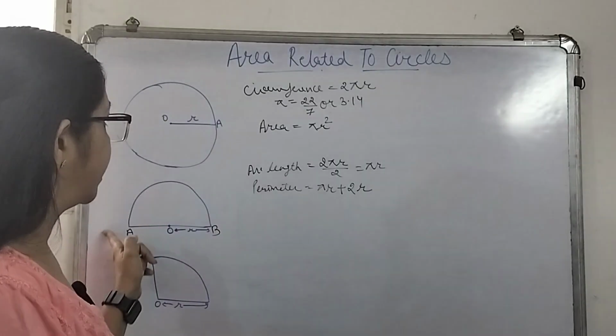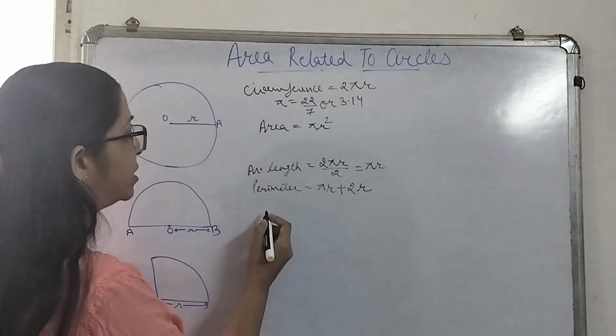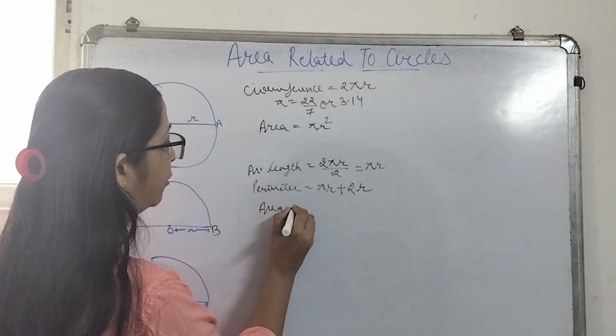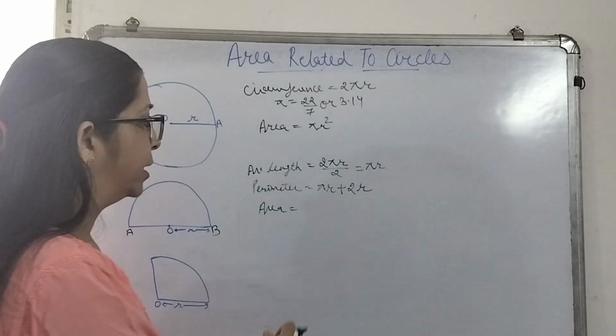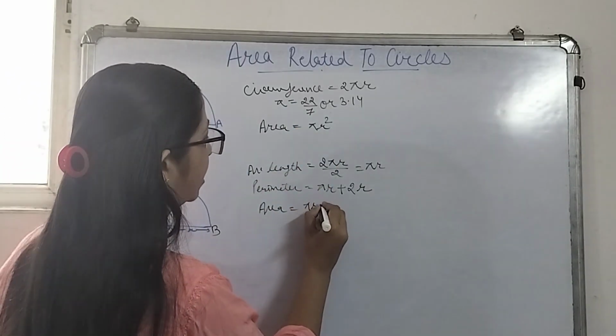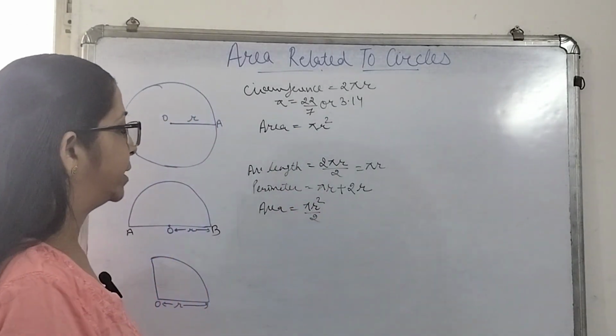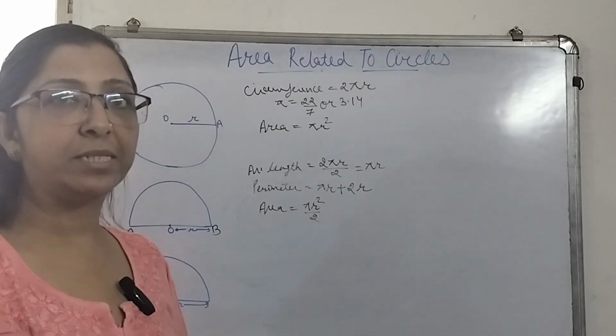Now the area of the semicircle will be half of the area of the whole circle, that is pi r square by 2.